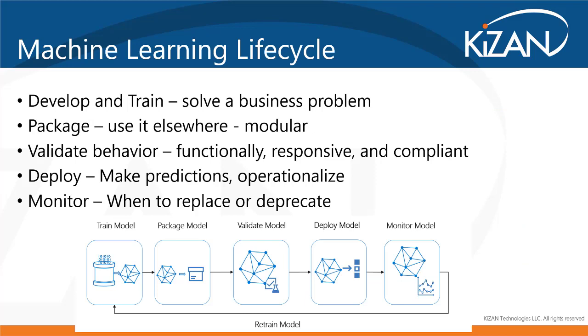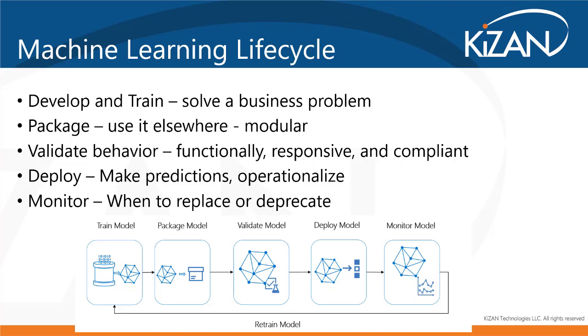The machine learning lifecycle is defined by the following iterative process. We have a plan of what will be predicted, and we have data associated with it. We train that model to predict the most statistically accurate value. This is then packaged up in a modular format to either be hosted or embedded within other applications.